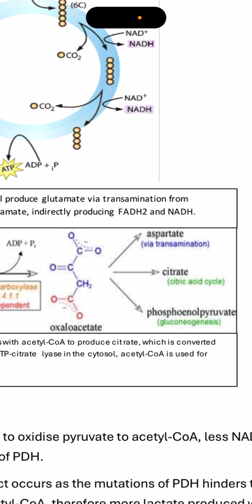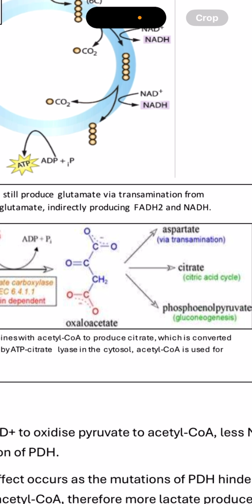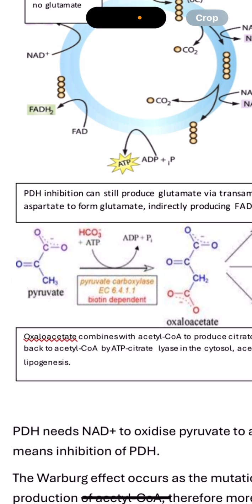Now, alpha-ketoglutarate is the precursor to glutamate, but there's also a different method, and it is essentially glutamate conversion into alpha-ketoglutarate by glutamate dehydrogenase, and that occurs when there's a buildup of pyruvate.